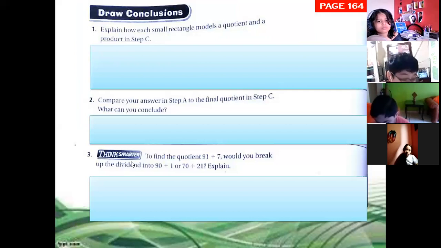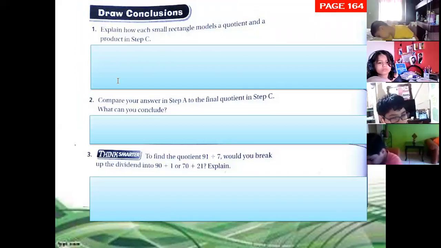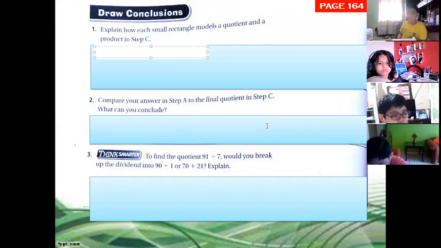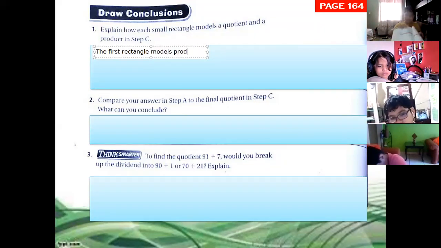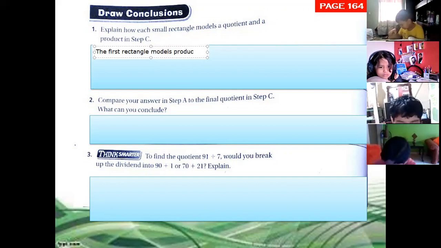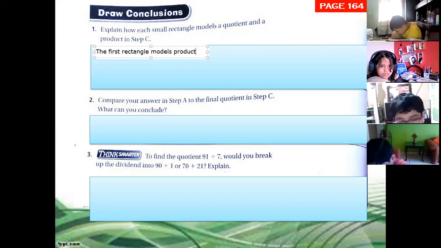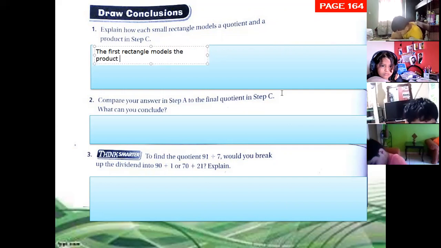Step C. So copy: the first rectangle models the product.